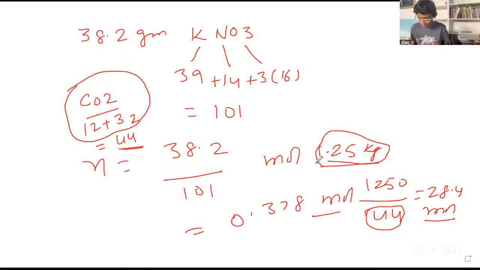Okay, D. So for D, it is 142.05. The number of mole will be, the amount is 155.2 kg. How much will it be in gram? Into 1000.